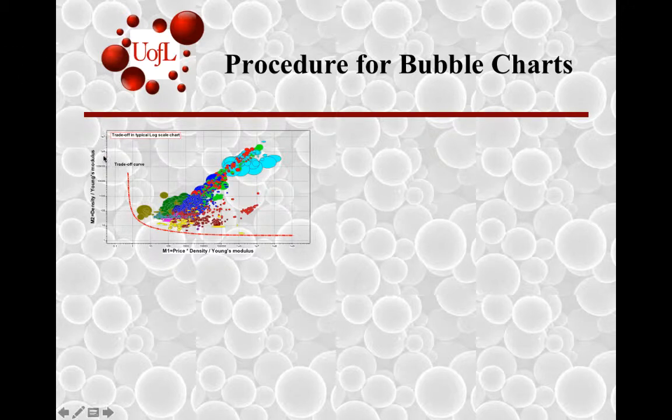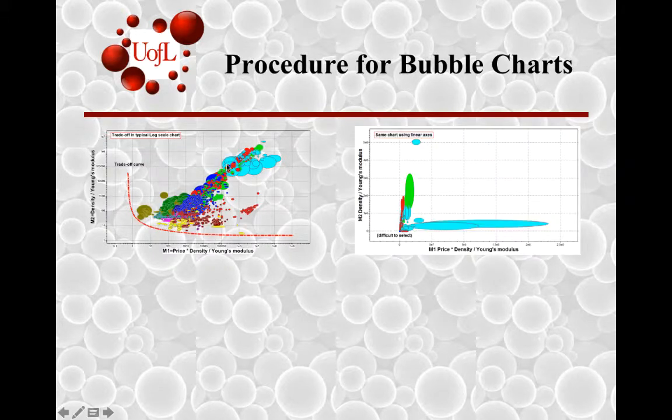So this is what the log plot would look like on a bubble chart created by EduPack. There would be a way to represent a trade-off curve visually based on something that would lie over here, and then we look for different slopes. After you created this bubble chart, if you click on the x and y axis and convert them to linear scales, this is how this overall selection will get modified as represented over here.